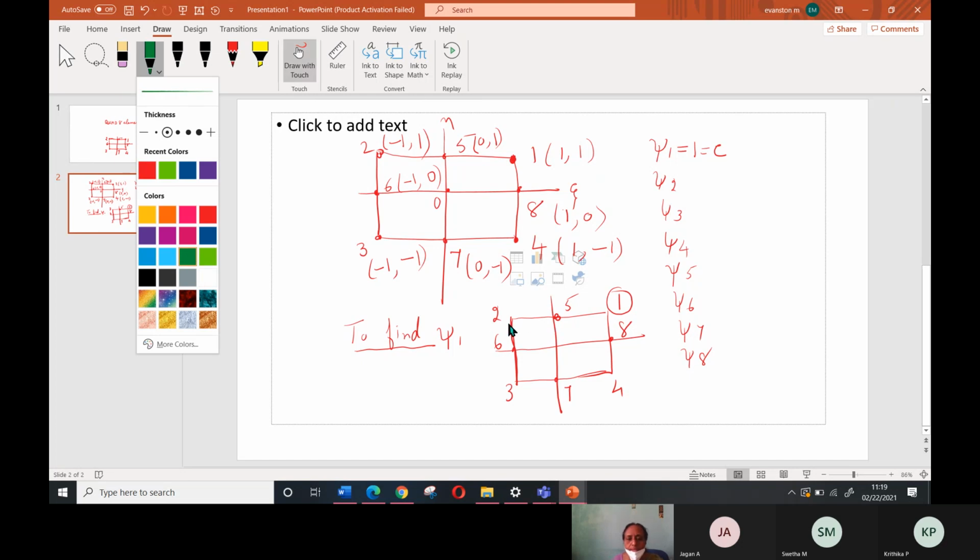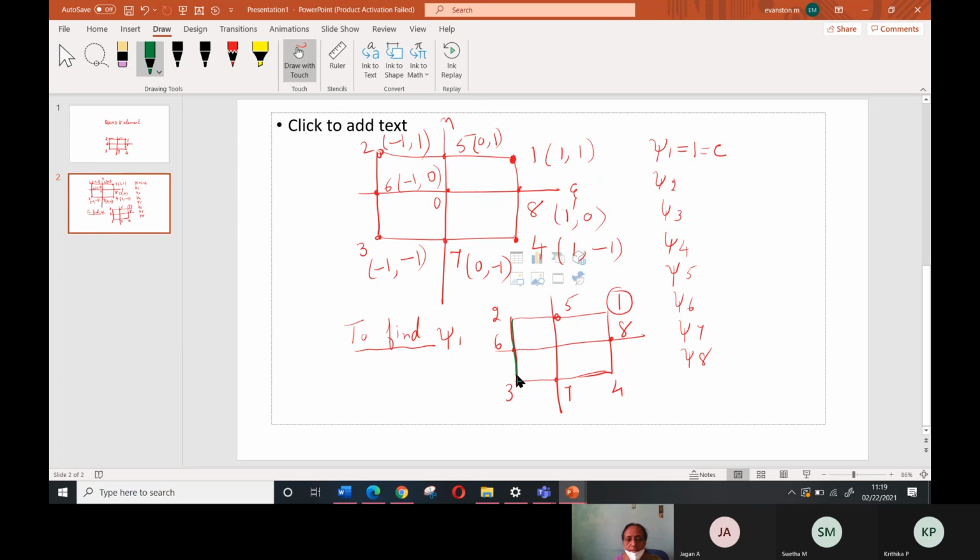If I take this line, I will be covering the nodes 2, 6, 3. What is the equation of this line? Can you tell me? Somebody can tell me? What is the equation of the line? Because you learned in the quad 4 element. Tell me.